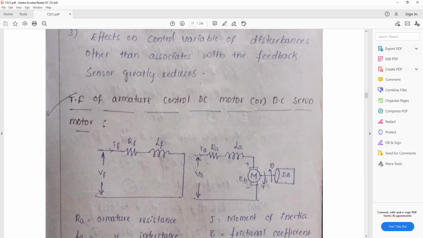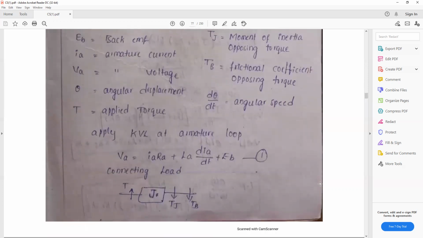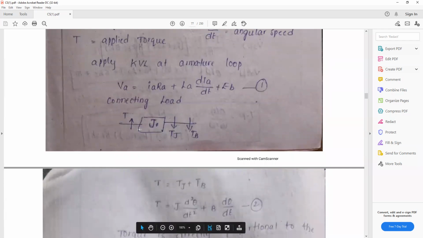So the torque is the applied torque T, and the opposing torques are due to J and B: the opposing torque due to moment of inertia, Tj, and due to frictional coefficient, Tb. In this connecting load, applied torque is T, opposing torques are Tj and Tb.